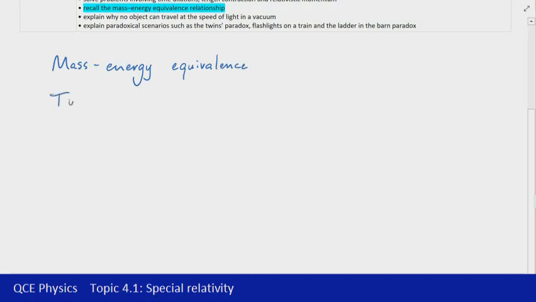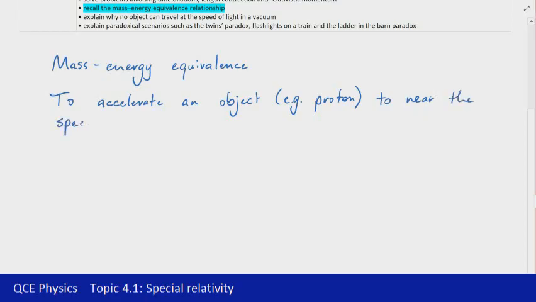Now, to deal with this scenario, we're going to consider what happens when we accelerate an object, and it's probably going to be easier here to think of that object as being something like a proton, so something small that we can easily accelerate to speeds that are quite fast. So we've been able to achieve that in the Large Hadron Collider.